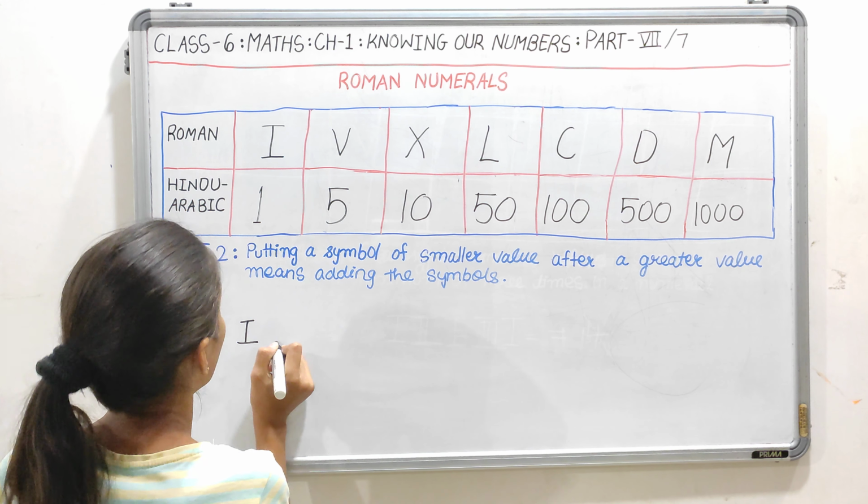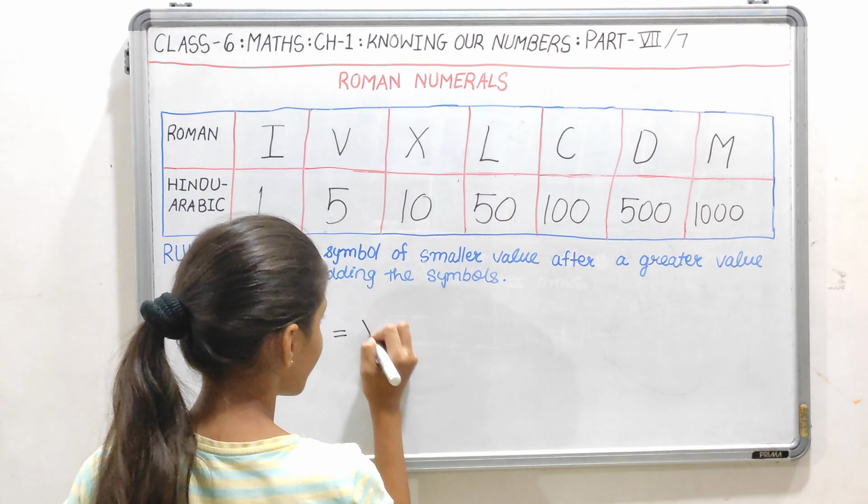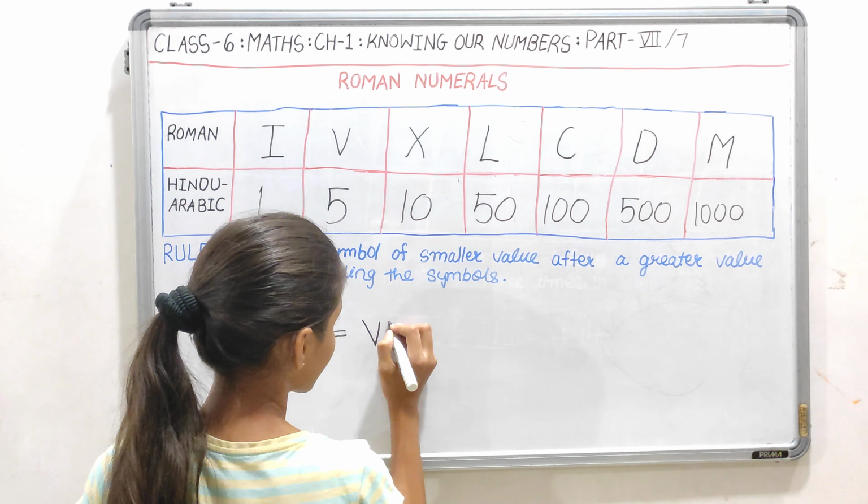According to the rule, if we put 5 and 1 in this order, that means 1 is after 5, what do we get as our answer? 6. Why? Because V is 5 here and I is 1 here. Now 5 plus 1 equals 6.